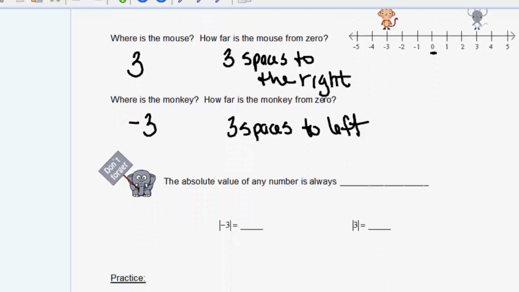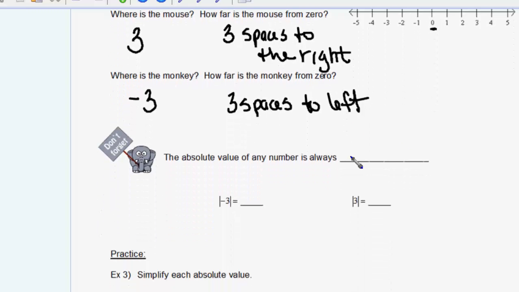Absolute value of any number is always going to be positive because it's the distance a number is from 0. And all of our numbers, no matter where they are, are always going to be a positive distance from 0. So this is how we portray absolute value.